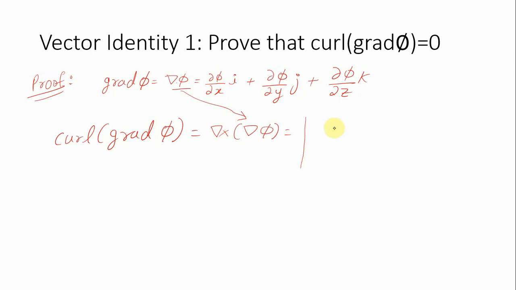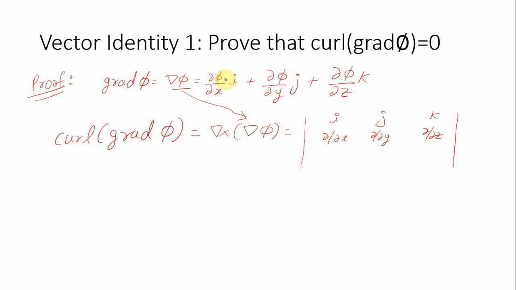I am going to take this as i, j and k. Please remember this, students, the i, j, k determinant. Simply substitute the values, dou upon dou x, dou upon dou y, dou upon dou z. Here you can see in the cross product, remember the formula f1, f2, f3, already discussed in the previous video.